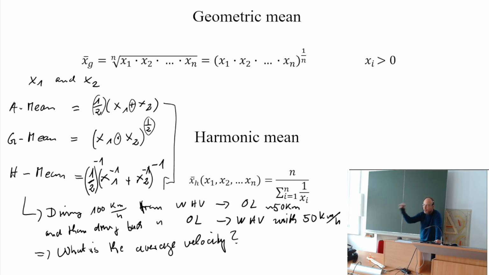Because for the first part, I'm driving twice as fast. And for this, directly, I know that the average velocity has to be lower than 75 kilometers per hour. Well, try it at home, and then you will see that you have to take the average here with the harmonic mean.